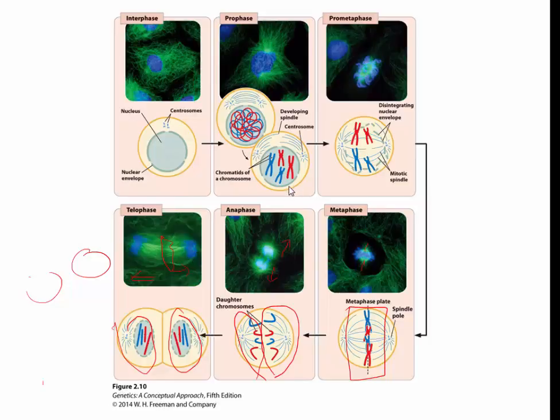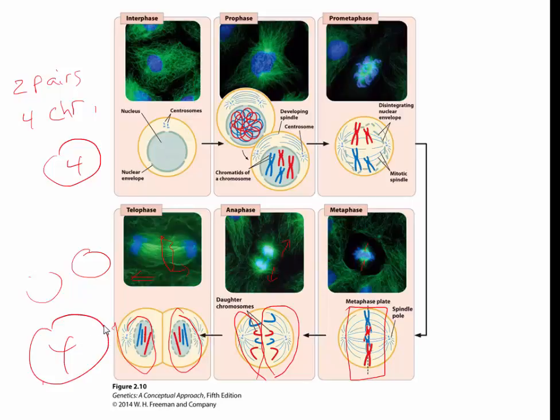So this particular type of cell has 2 pairs, so 4 total chromosomes. They line up in a row, and so we go from 4 chromosomes down to 4 chromosomes at the end, even though these chromosomes look different from these chromosomes.